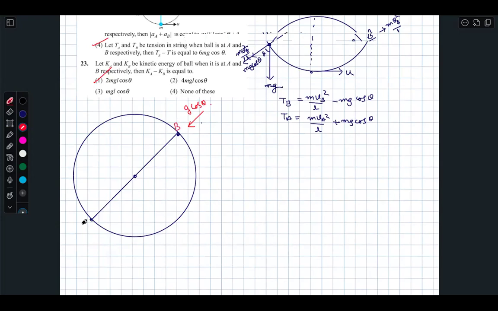If this is B and this is A, the difference of tension will be 6 mg cos theta. What is the theta here?